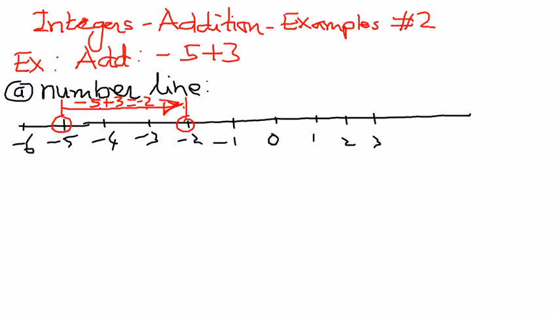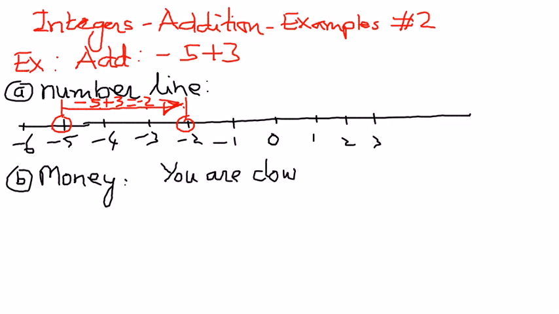Another easy way to represent this is using the money method. In the money method, we're going to say it as follows. Let us say you are down by $5.